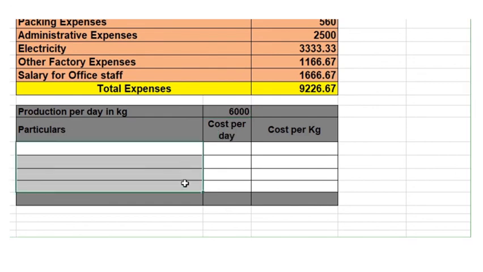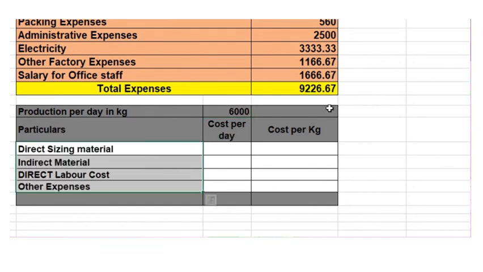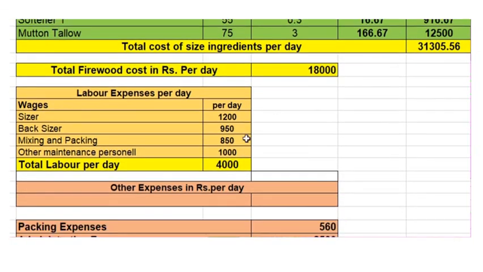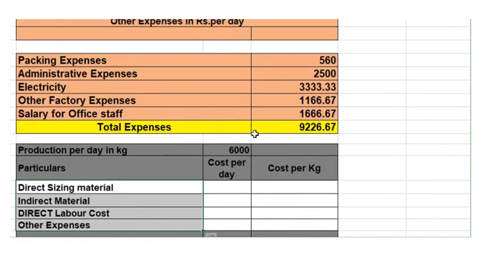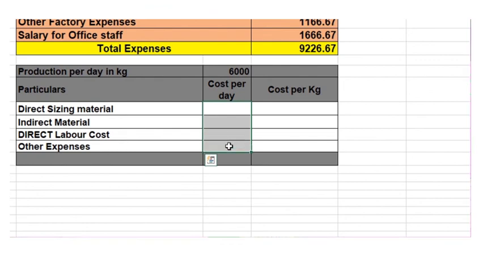All the particulars we have already found: sizing materials, firewood, labor, and expenses, and the per day costs are calculated, which have to be posted here. The cost per kg is found by dividing all these values by 6,000.